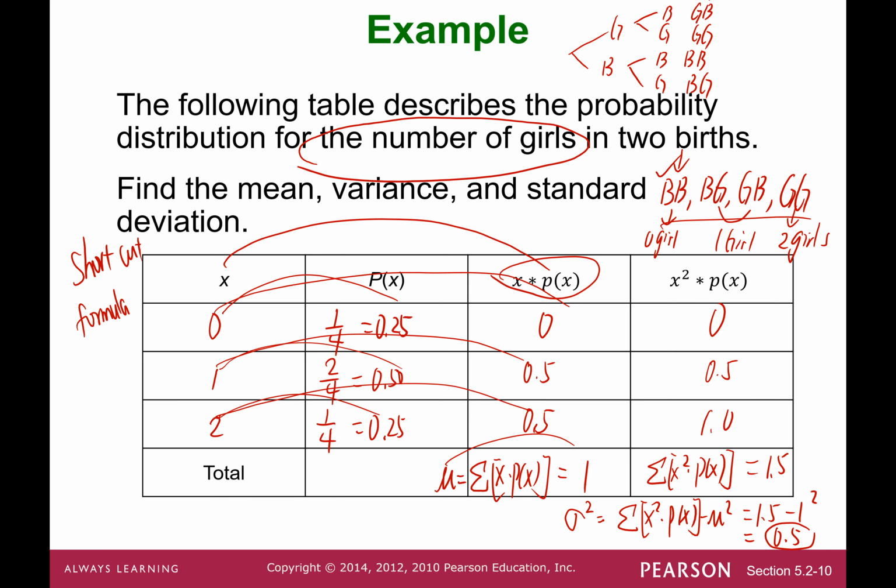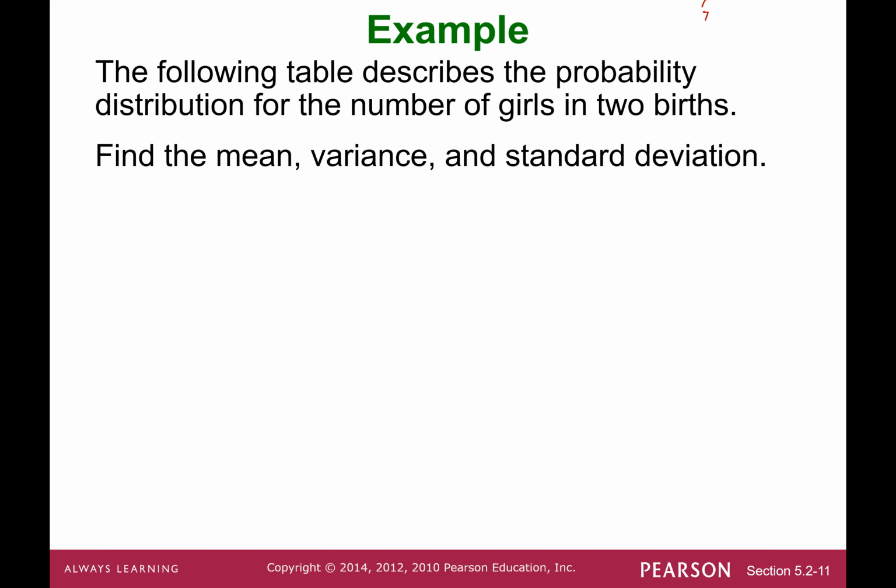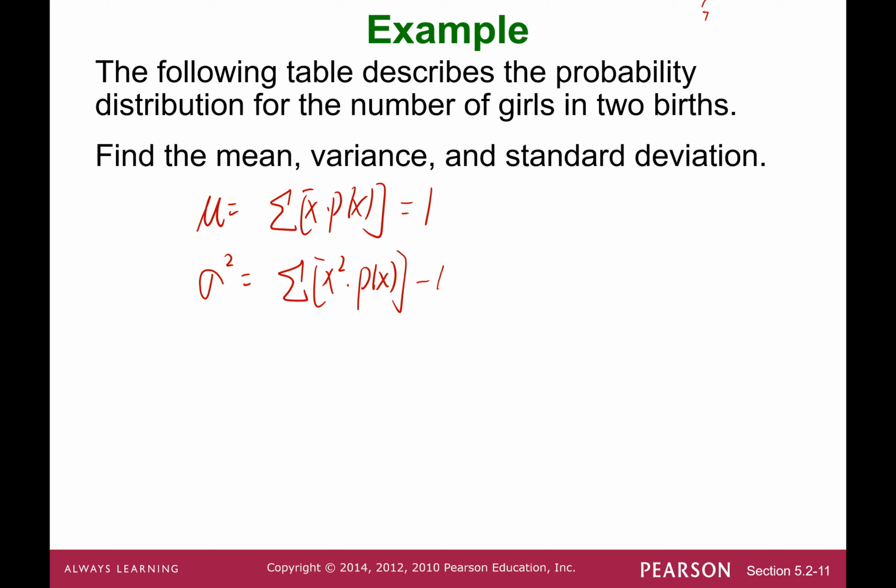By simply using the table, you can easily calculate the mean and the variance. The mean, we already did it, the summation of x times p of x turned out to be 1. Variance is the summation of x squared times p of x minus mu squared. It's 1.5 minus 1 squared, that's 0.5.